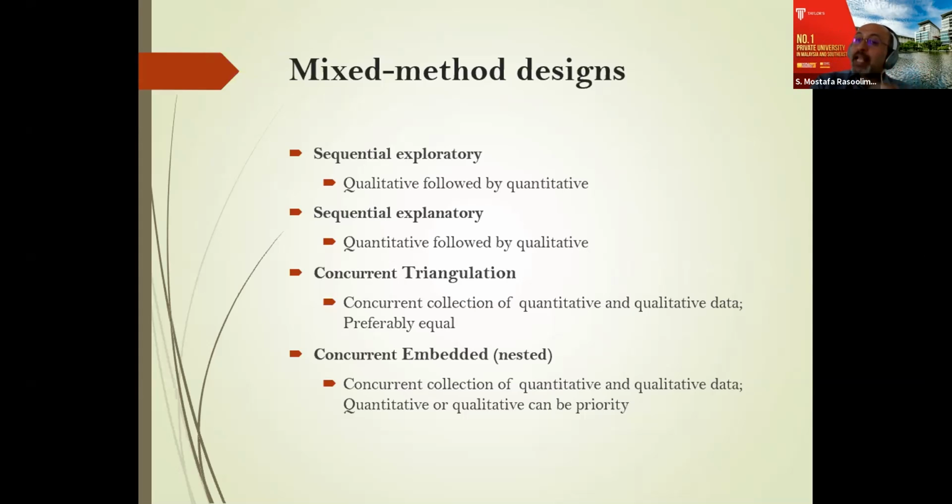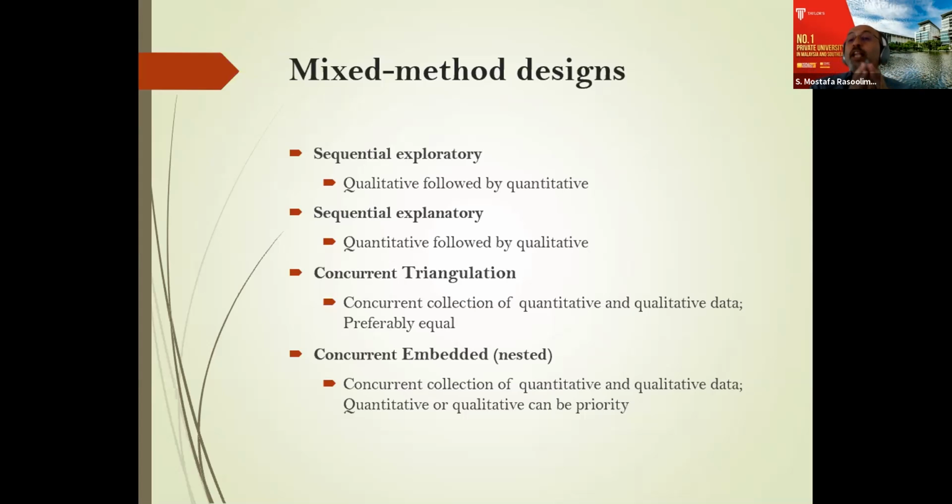So here we can see the time dimension because this is sequential. Also, we can see confirmatory and exploratory from Venkatesh's categorization. Also, we can see equivalent or dominant from the different categorization.